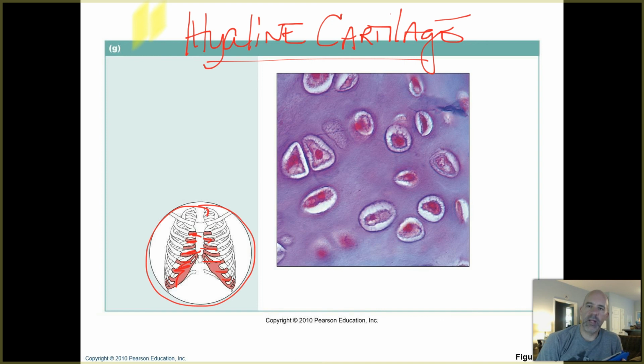I don't want to say it's like bone because it's really constructed differently from bone, but it does provide support and framework. The consistency, though, is more moist, has more moisture inside it, and you can press on it more easily than you could press on bony type tissues. So if you've ever felt gristle, you know what the consistency of hyaline cartilage is like.